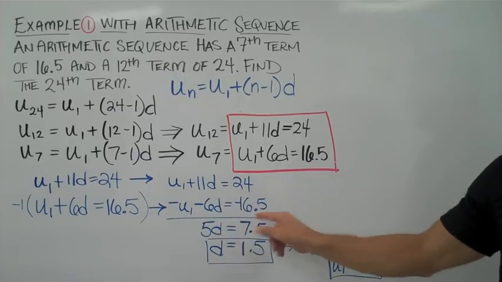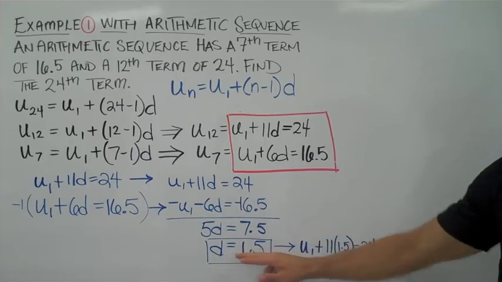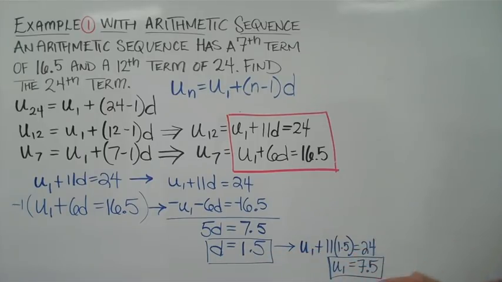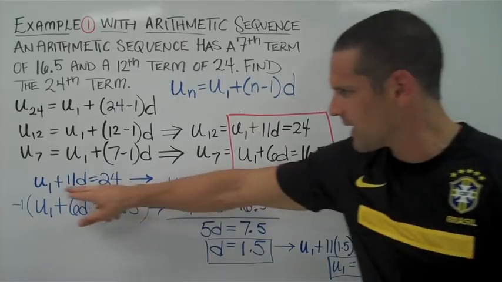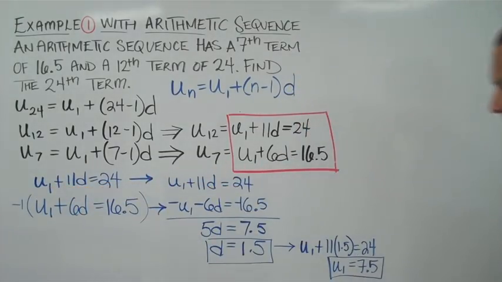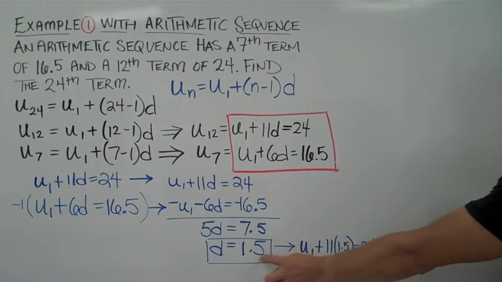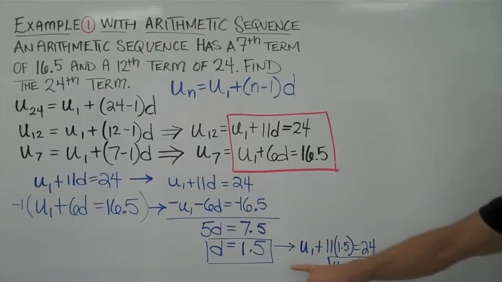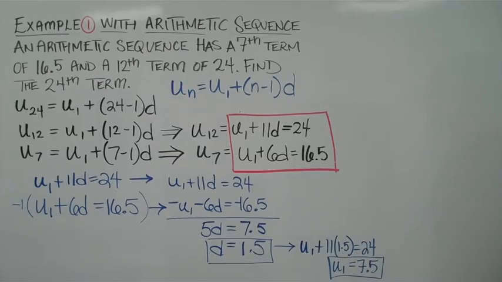That gives me 5d equals 7.5. Divide both sides by 5, and d equals 1.5. Once I know d is 1.5, I can substitute back, anywhere where I see U1 and d. I plug 1.5 in for d and solve for U1, and it turns out U1 is 7.5, and d is 1.5.